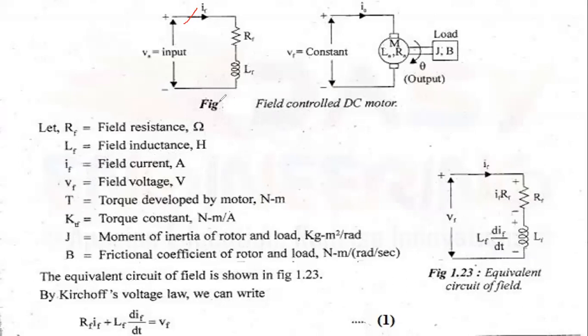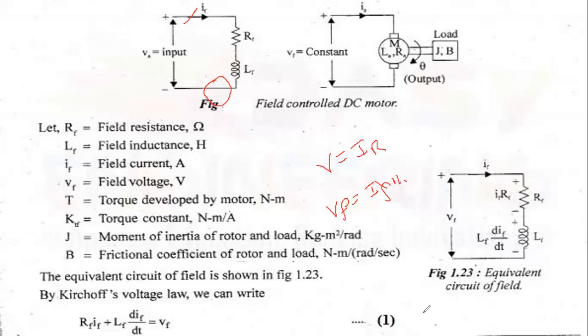Now we are going to formulate the equations. First I am going to consider the field winding. This is the field winding. From this circuit I am going to formulate the equation according to the Kirchhoff voltage law. V equals I into R. So here V is VF, and it equals IF into RF plus LF into dIF by dt.